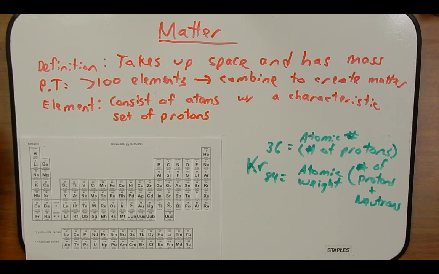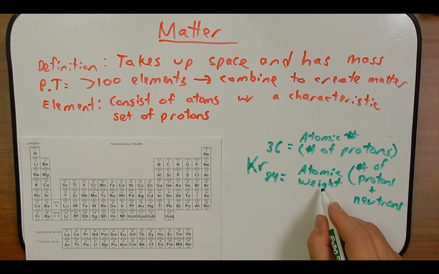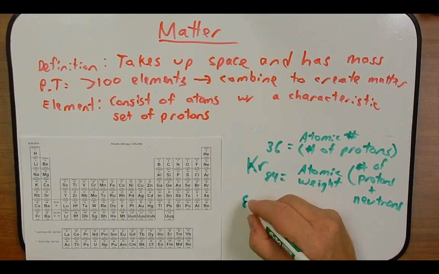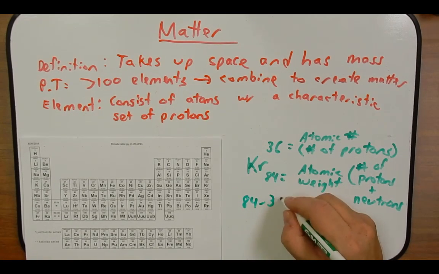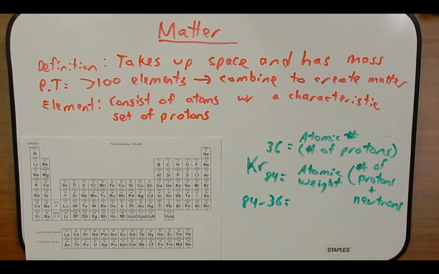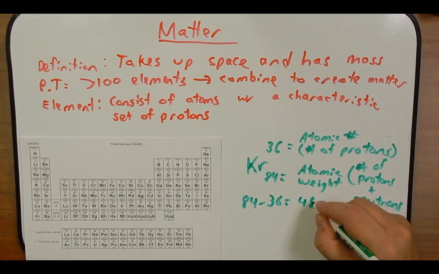Protons and neutrons are in the nucleus, whereas the electrons are outside of the nucleus. So to calculate the number of neutrons then in a particular atom, you would just take the atomic weight, subtract the atomic number, so 84, subtract 36, and that equals 48.